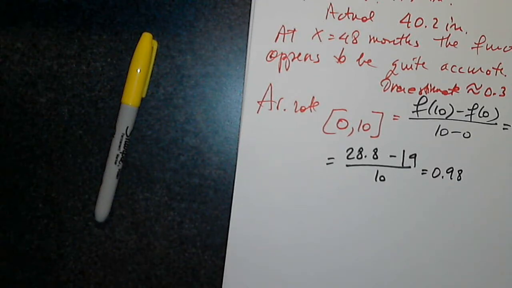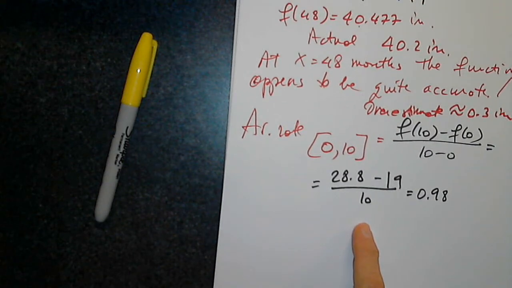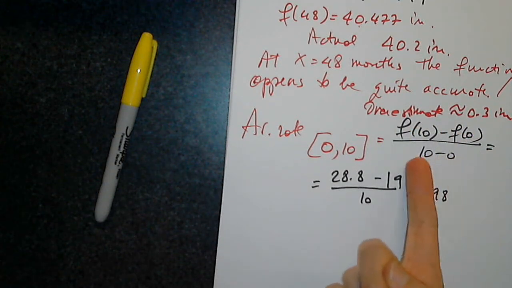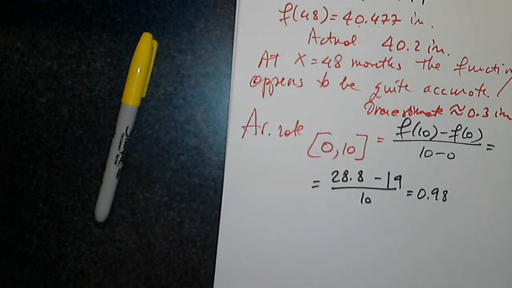Without measurement unit, I know I cannot get full credit. Inches per month. It's a ratio. Its measurement unit will be a ratio of two measurement units, one coming from the top, which is inches, and one coming from the bottom, which is months. So this is inch per month.